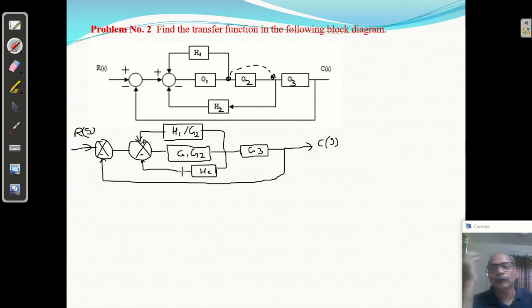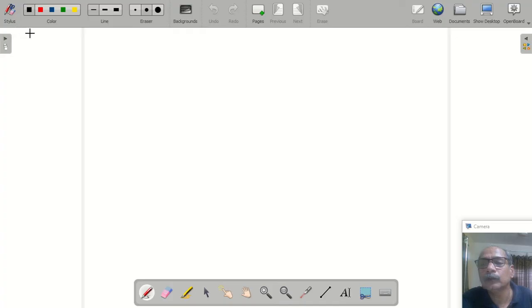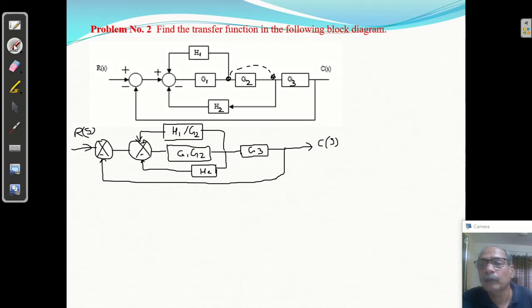Okay. Now you can simplify it. So you can simplify separately. You can take this feedback only, then this feedback we can take, or combinedly. So I'm going to change the ink. Suppose I'm going to use a red one. Okay. I'm taking this feedback. This is negative feedback.